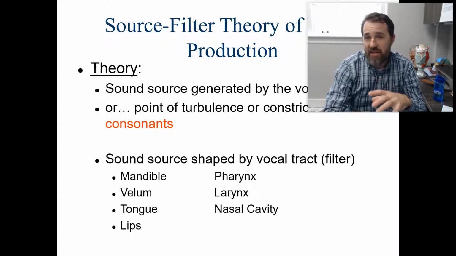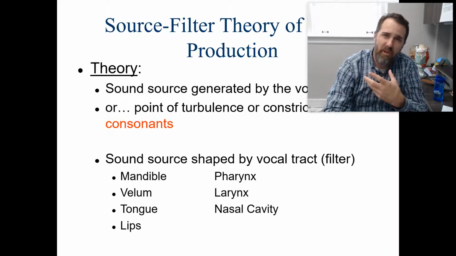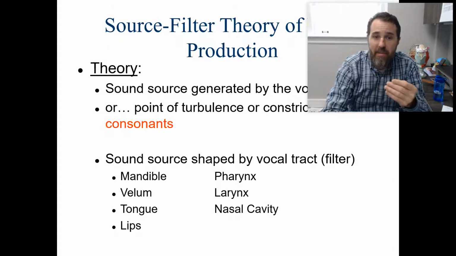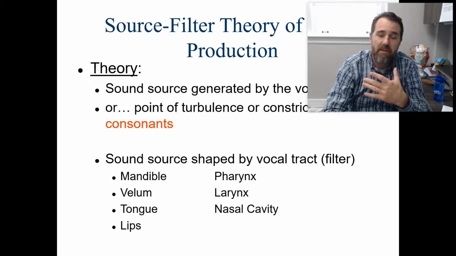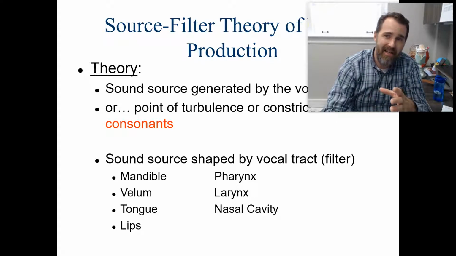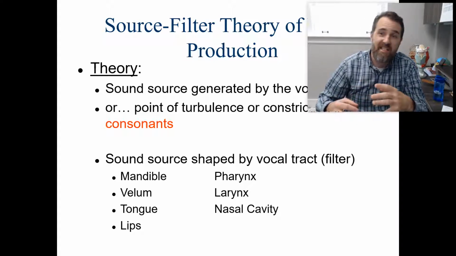So in the context of consonant production, it is the point of constriction in the vocal tract that is producing some white noise, some turbulence in the airstream that is either the primary sound source, as in a voiceless consonant like s, or it is a sound source that is added to phonation, as in voiced consonants like z.